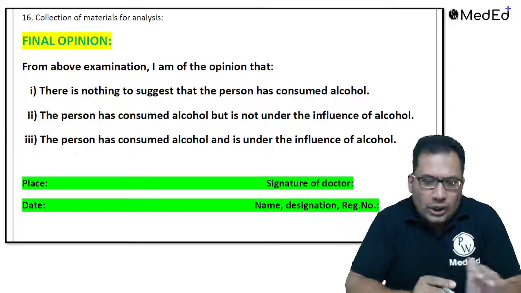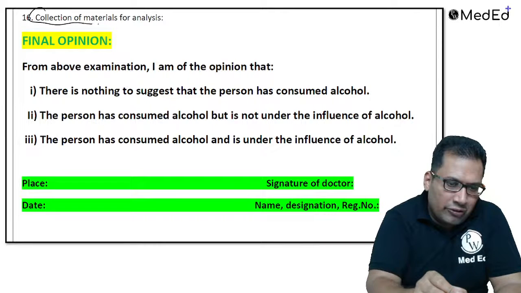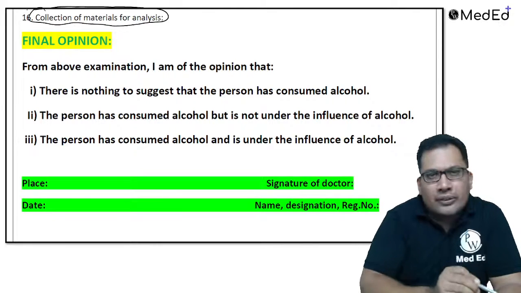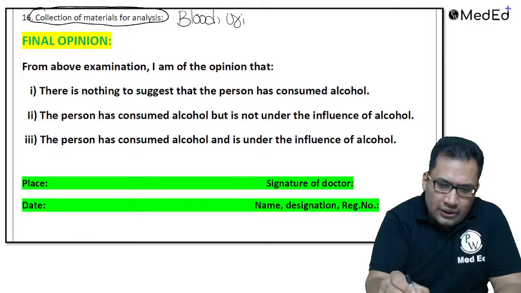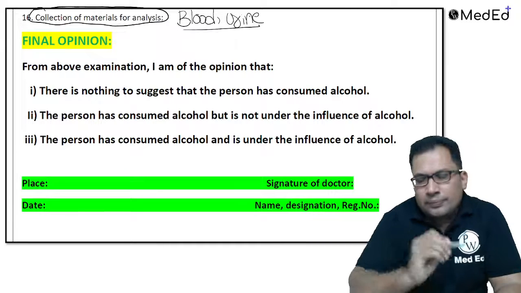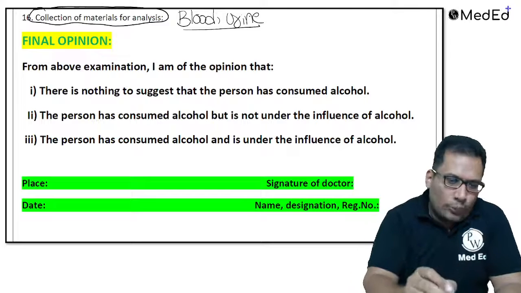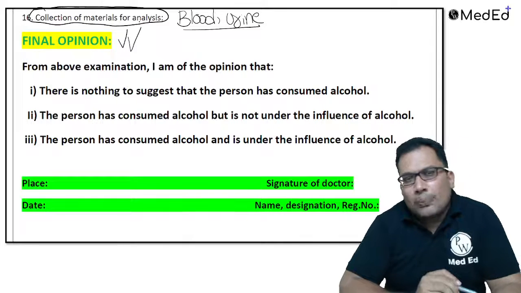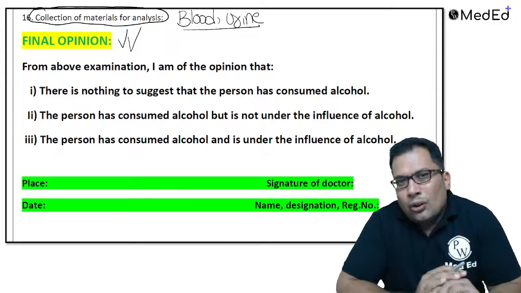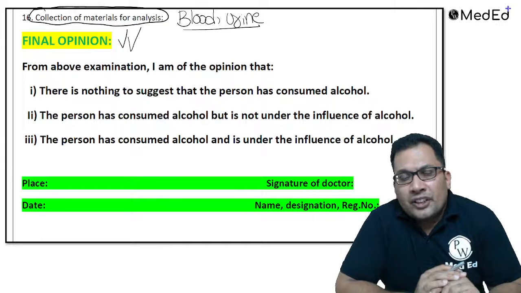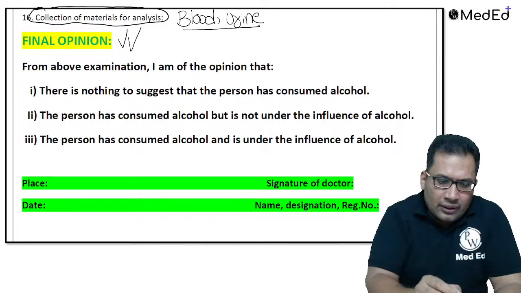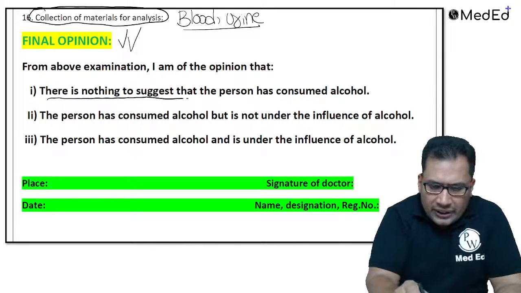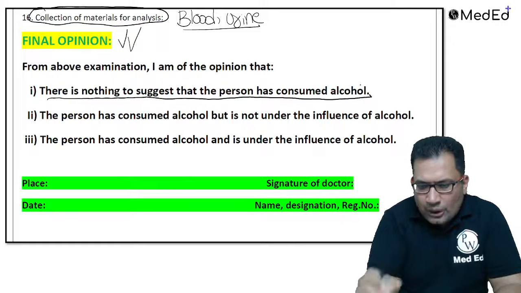Then comes point number 16, collection of materials for analysis. What are the materials? One is the blood, the second one is the urine. Finally, the provisional opinion. The opinion can be of three types, option A, B, and C. Opinion number 1, there is nothing to suggest that the person has consumed alcohol.